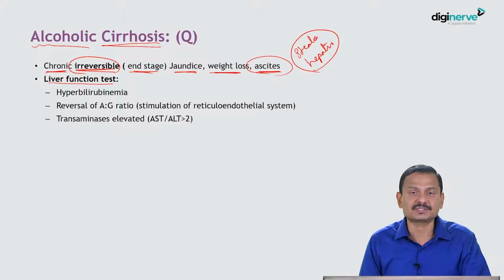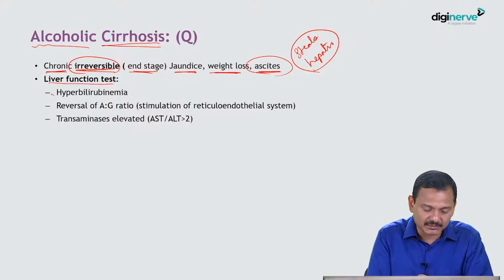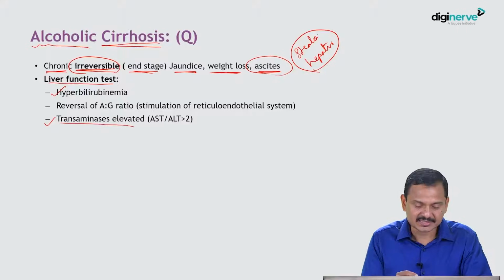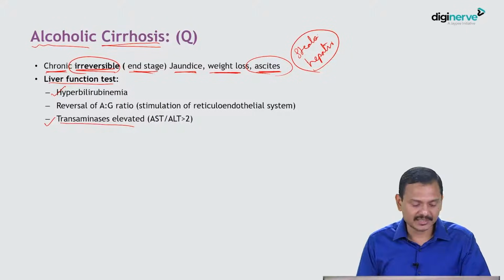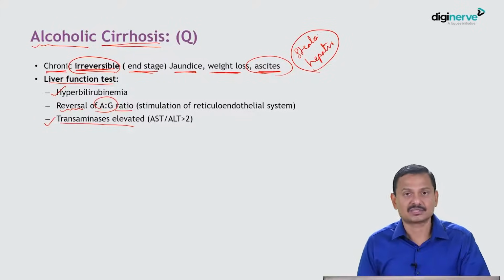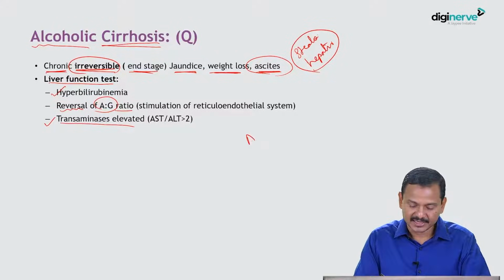When we do a liver function test, again like them, there will be hyperbilirubinemia and elevated transaminases, but one important thing here is reversal of the A:G ratio. Now what does A:G mean? This is albumin and this is globulin.